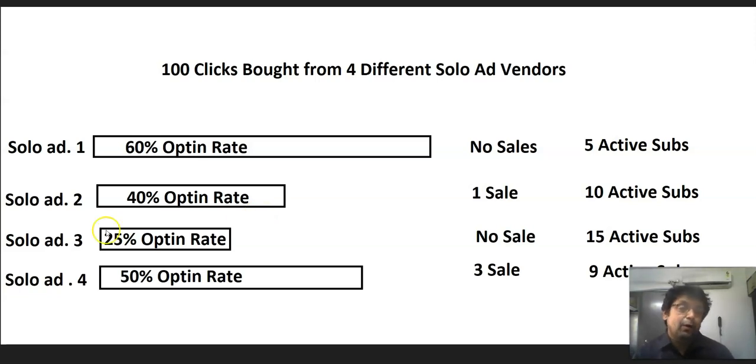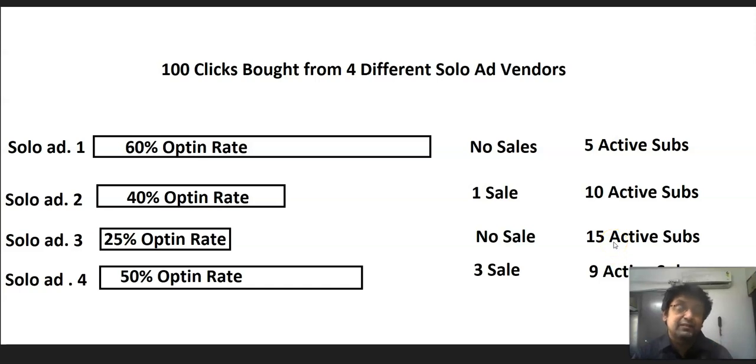Now solo ad number 3 has a 25% opt-in rate, which is absolutely low for a solo ad vendor, but he has got 15 highly engaged subscribers. That could be more than 50% of total subscribers. That means out of 25, 15 subscribers are highly engaged in your emails.